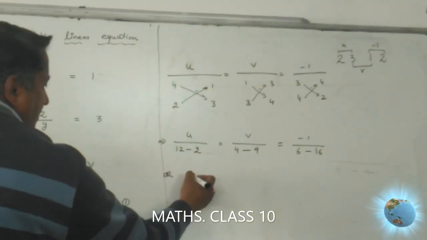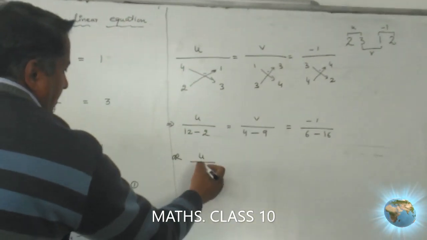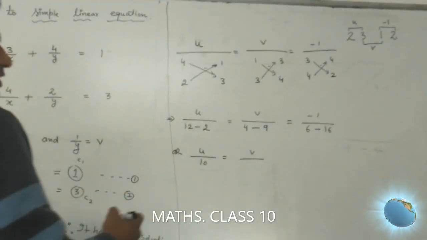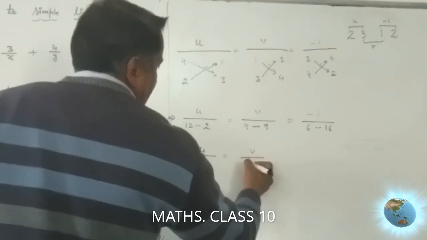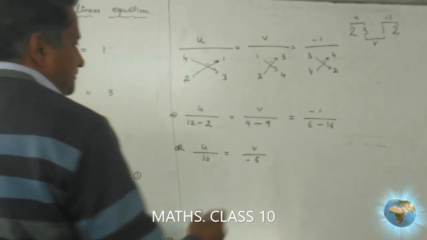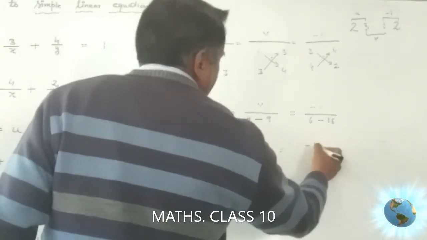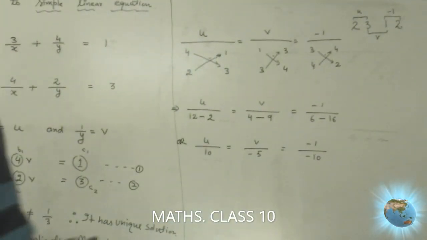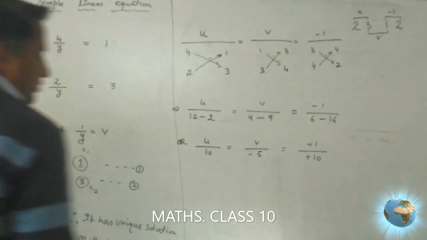Or we can write this as u divided by 10, v divided by minus 5, and minus 1 divided by minus 10. So the minus signs cancel out.